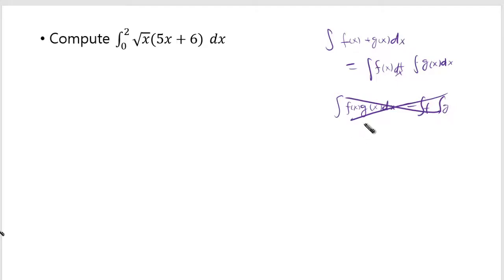So because differentiation doesn't work that way with products, it's not so simple. The integral of products is also not so simple. It's actually very complicated.